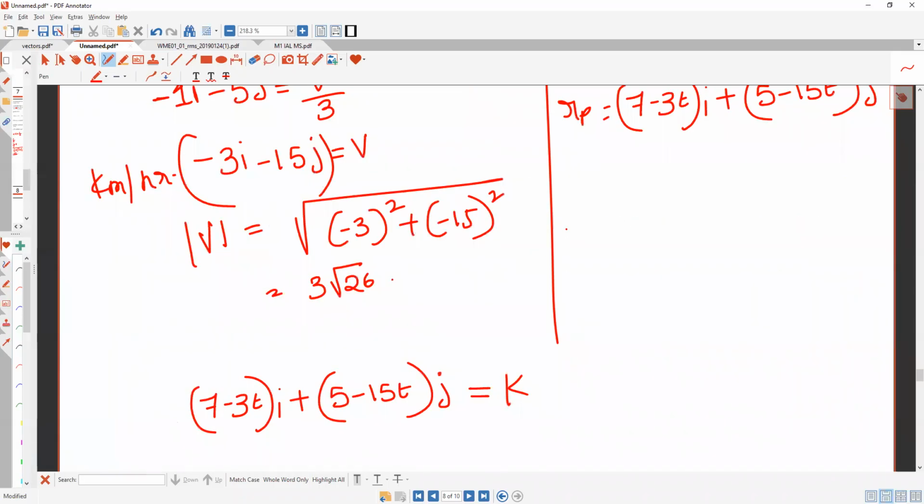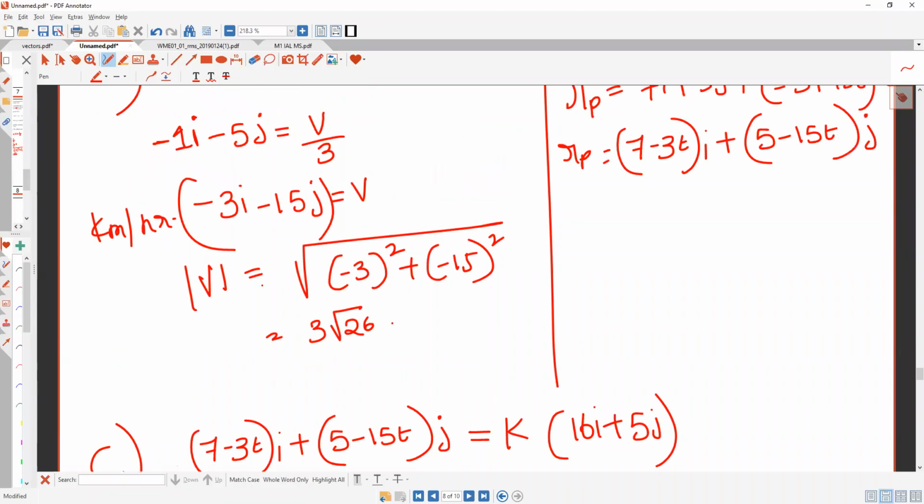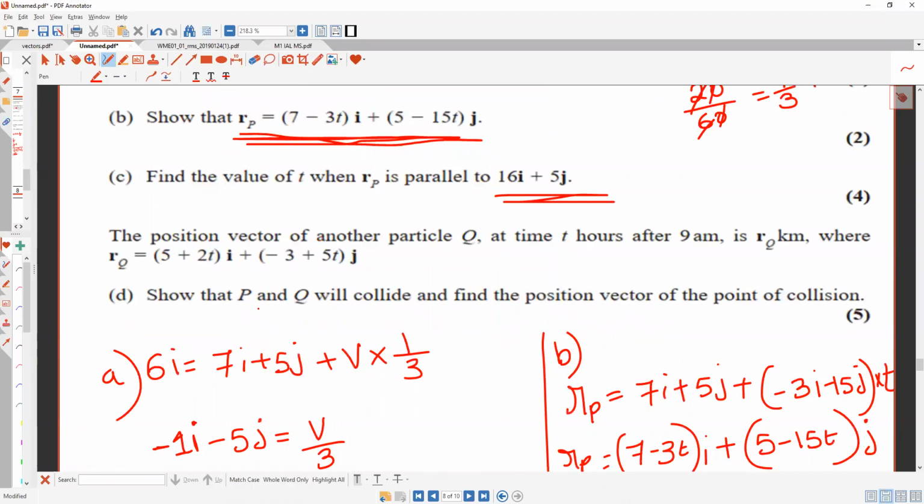I already taught you this very well. So do one thing: this is C part. Left hand side i, right hand side i. Left hand side j, right hand side j. Do the simultaneous equation and find t for me.